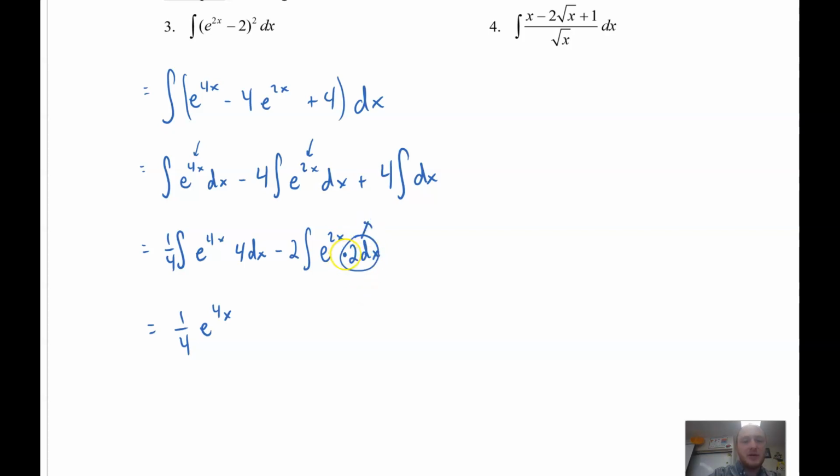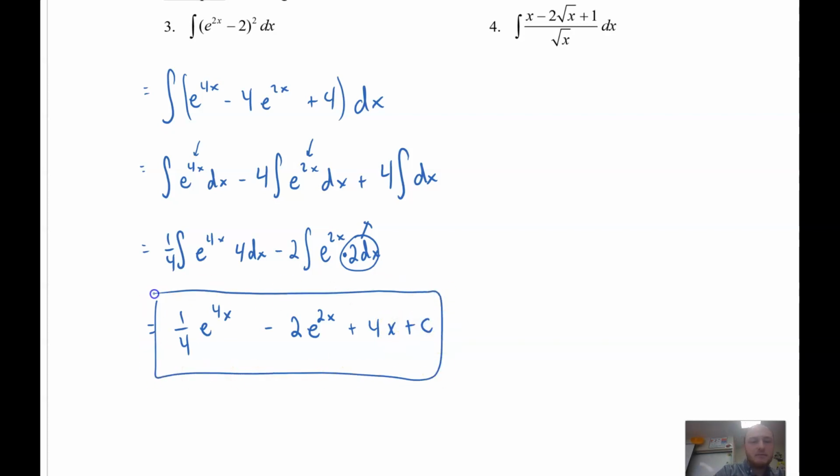It goes away. That's multiplication, not subtraction or a negative sign. So minus 2 e to the power of 2x, and then plus 4 times the integral of dx, which is just x plus c. And there you have it. Not too bad, right? Piece by piece.